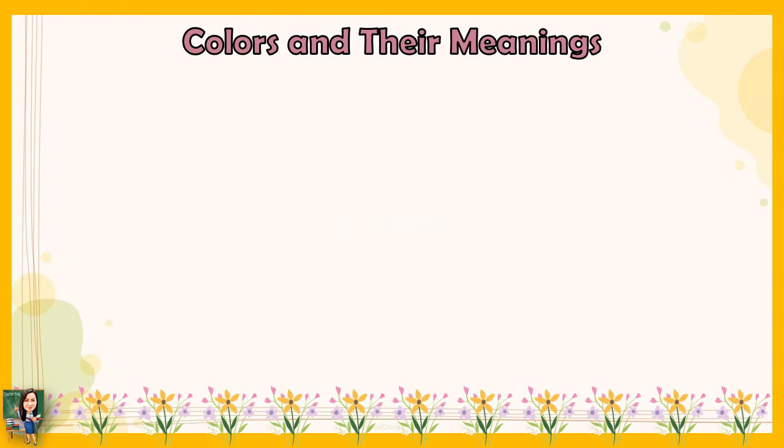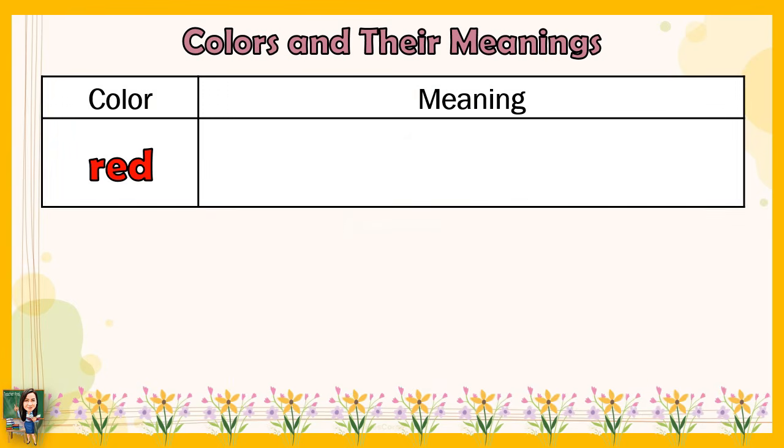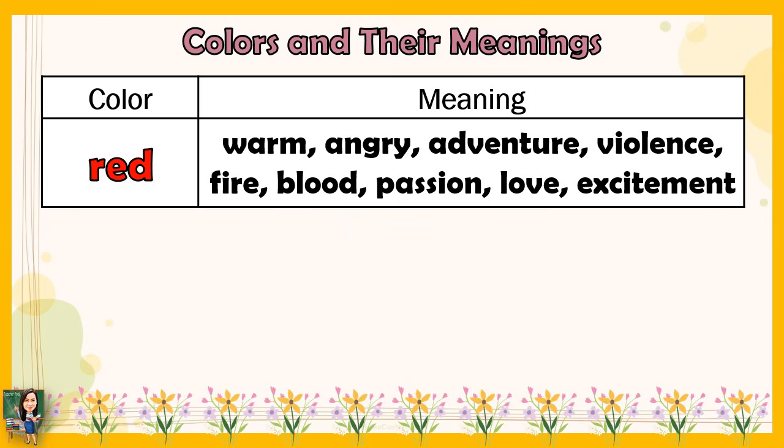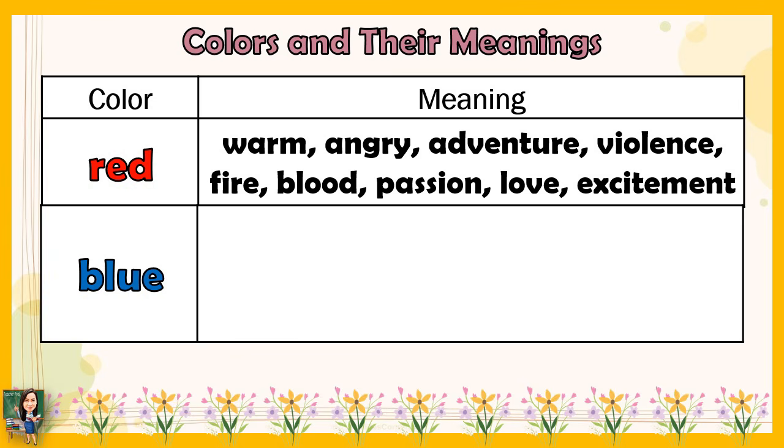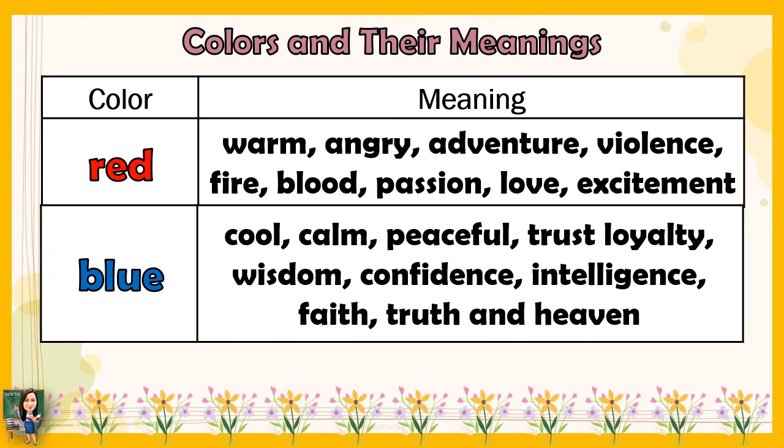Let's study about colors and their meanings. Color red, meaning warm, angry, adventure, violence, fire, blood, passion, love, and excitement. Color blue, meaning cool, calm, peaceful, trust, loyalty, wisdom, confidence, intelligence, faith, truth, and heaven.